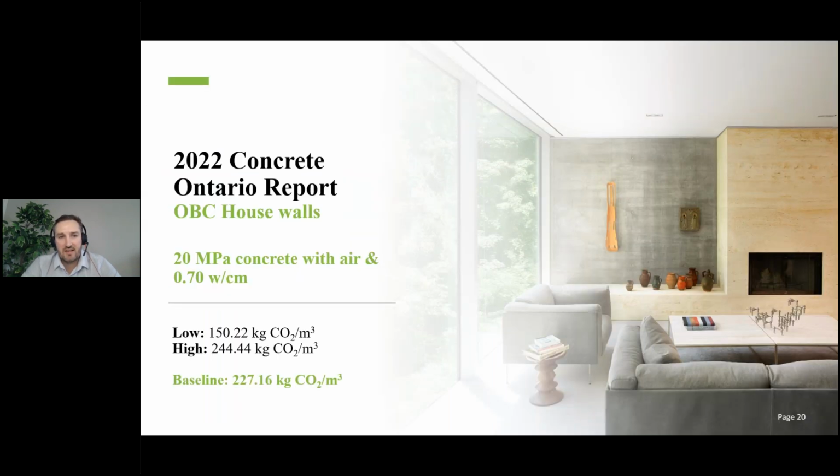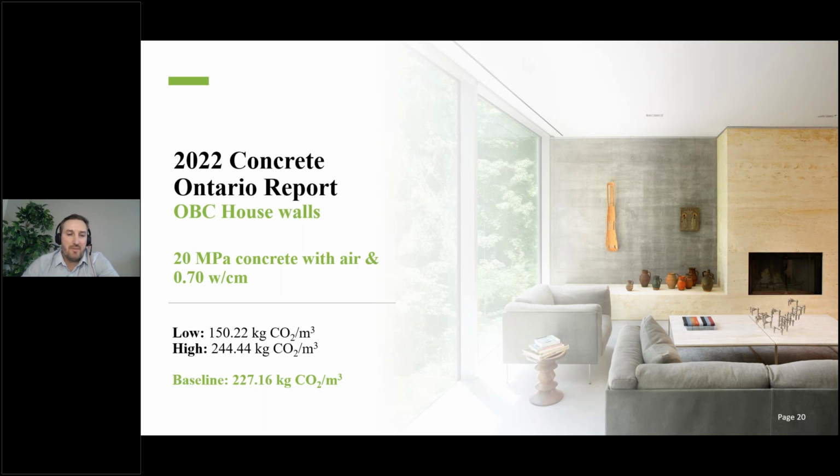Now, when I talk about reflecting the Ontario Building Code and class of exposure mix designs, here's a mix from the report. It's the 20 MPa with air, 0.7 water cement ratio OBC, or Ontario Building Code house walls mix. There's a lot of volumes, obviously still a lot of houses being built.